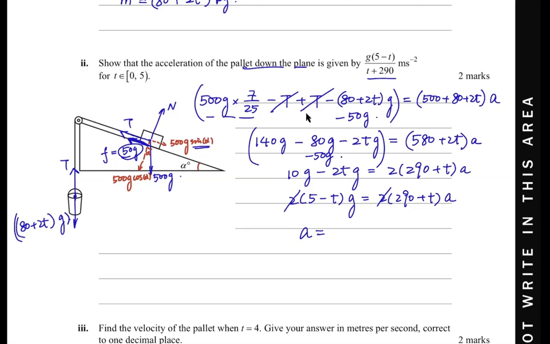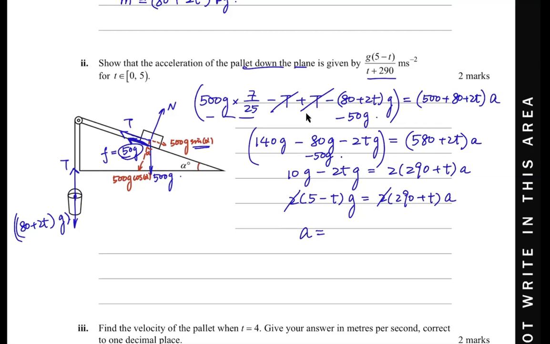Find the velocity of the pallet when t equals 4. Give your answer in meters per second, correct to 1 decimal place. So when the pallet reaches the velocity of 3 meters per second, that is your initial velocity at this stage. So V0 is 3, V4 is unknown, V4 minus V0 is the integral from 0 to 4, 9.8, 5 minus t divided by 290 plus t dt.